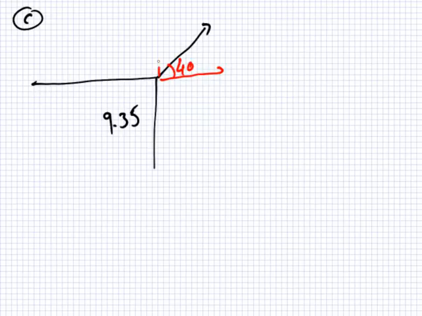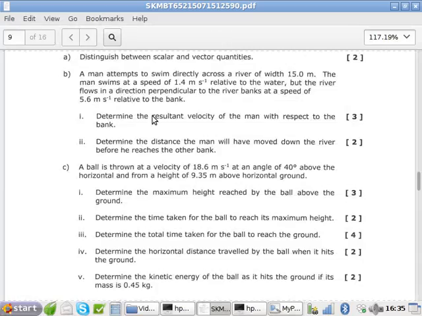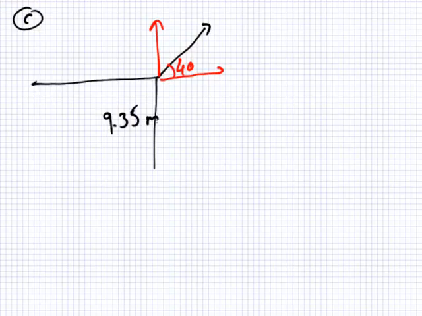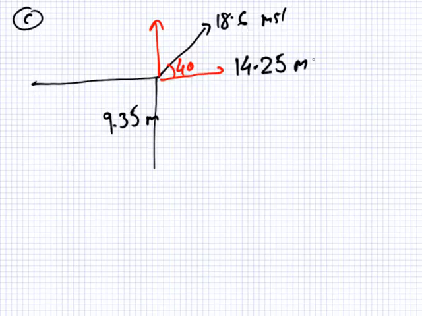And what's the speed? 18.6. So how do we get the horizontal part? 18.6 cos 40. This is 14.25 meters per second. 18.6 sine 40. This is 11.96 meters per second.